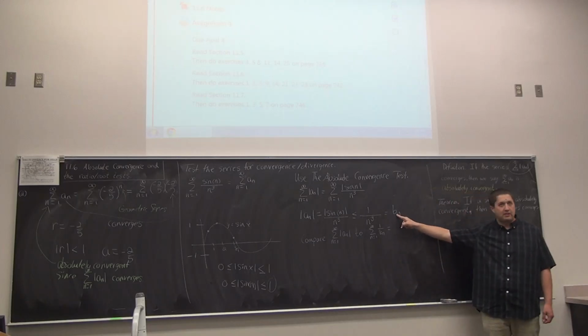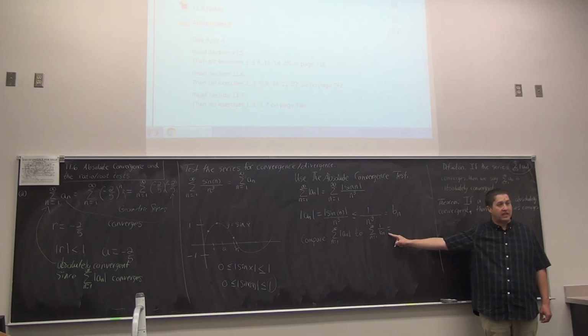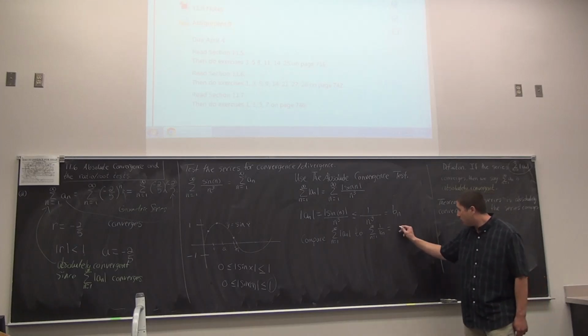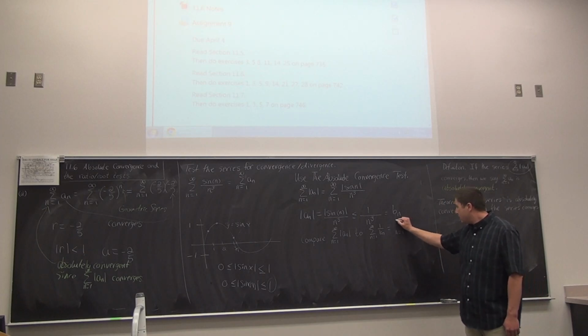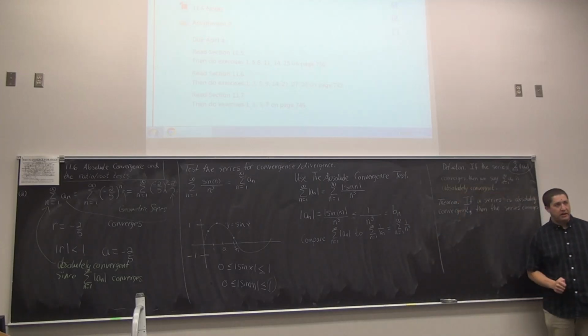Again, writing all this out is not strictly required, but it's a good habit because we have to refer to lots of different things when we navigate all these tests. So in the comparison test, I'm comparing to this one, which is the sum as n goes from 1 to infinity of 1 over n cubed. So that's the thing we'll compare it to.